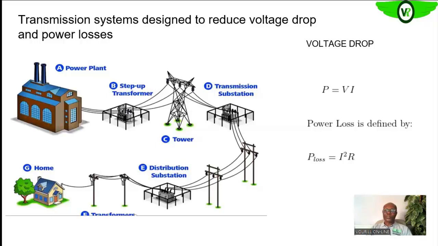So this is the basic reason why we need to step up the voltage to that higher level for the transmission lines. It is basically to reduce the voltage drop and also to reduce power losses, okay? If we are able to achieve this, it means that the efficiency of the power system will be increased. And that is one of our goals in operating our system efficiently.